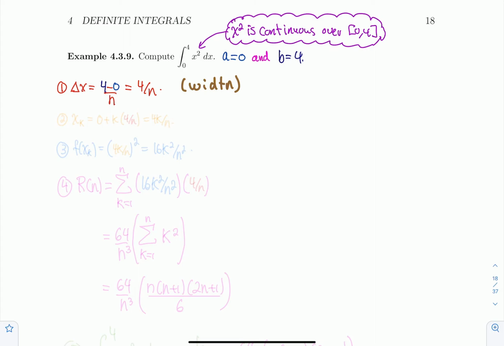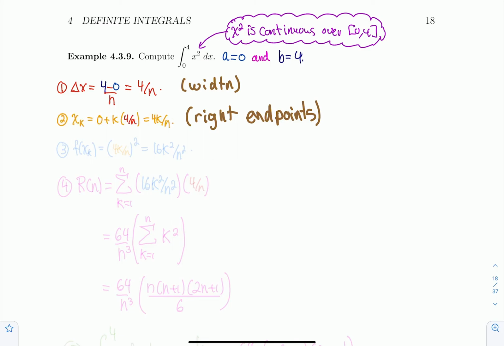Step 2 is to compute the right endpoints of those subintervals. The formula is always xk is equal to a plus k times delta x. We have a, it's 0 in this case. We now have delta x freshly computed to be 4 over n. So you just plug everything in, and the k stays k in this question because we have k subintervals from the first one to the last one.